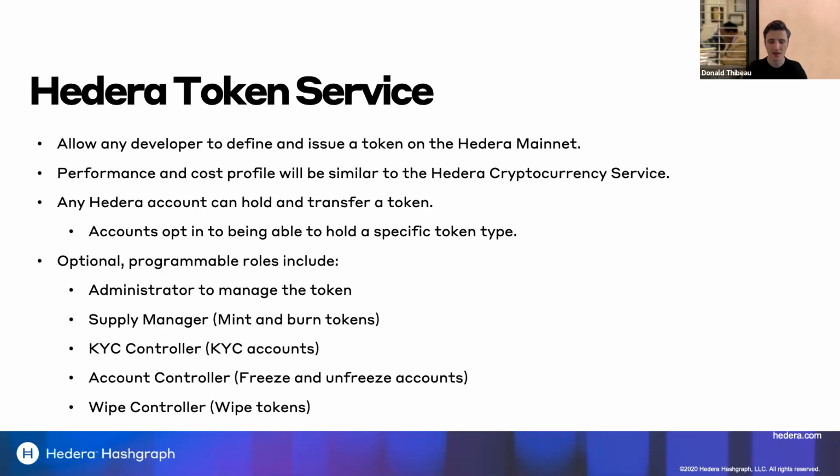So each of the roles I'll talk through here are optional, which means they can be used or not, thus giving the token the ability to either be fully immutable or controlled by permissioned entities for different behaviors. We have an administrator who can actually manage the token, both its creation, naming, and symbol, as well as updating the token definition. We have the supply manager who can mint and burn tokens if they want to increase or decrease the supply of that token.